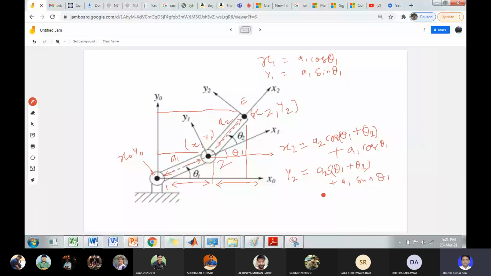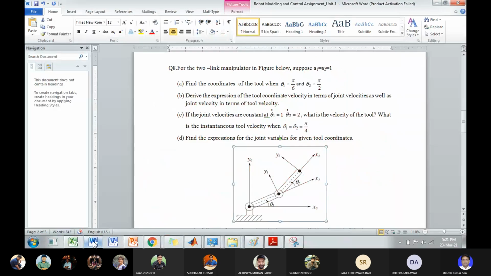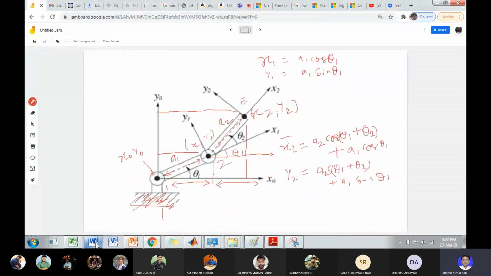Okay, so this is the coordinate of the tool with respect to the base frame or base. You can say this is the base frame and base. Okay, so you can calculate the first part according to this. We put the values of theta 1, theta 2 and a1, a2, and get the coordinate of x2, y2.